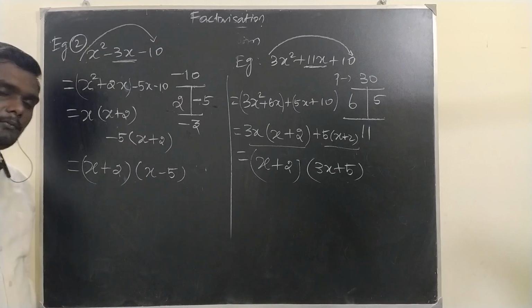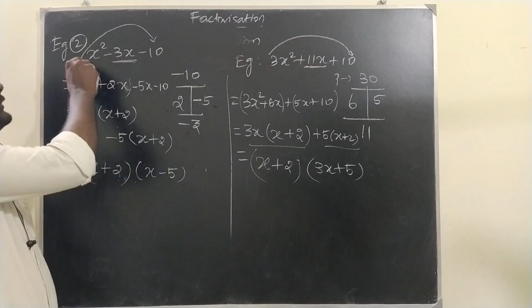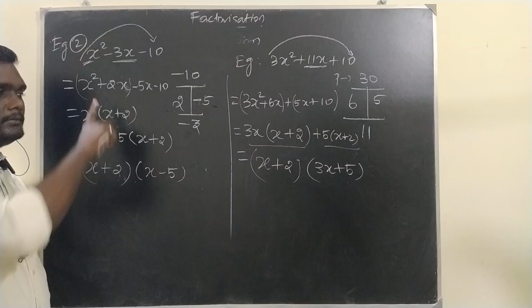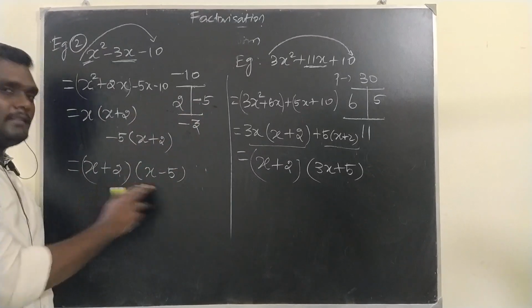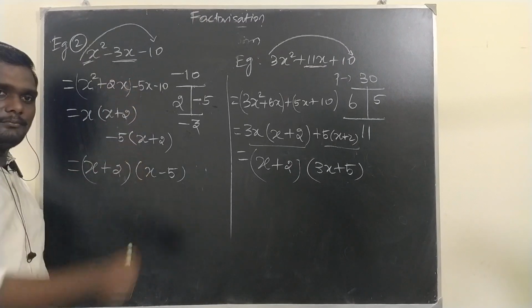Also, I will give you a pro tip. When the leading coefficient is 1, the same numbers we can write: x plus 2, x minus 5. That is it. No need to split the middle term.